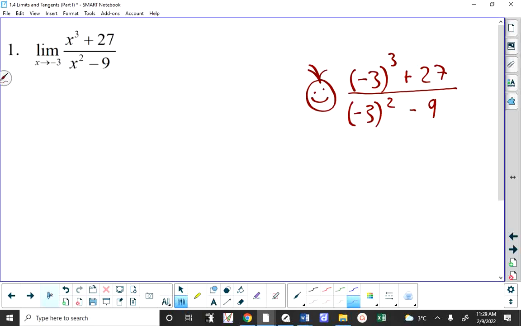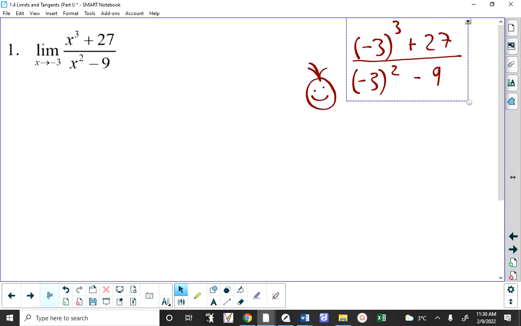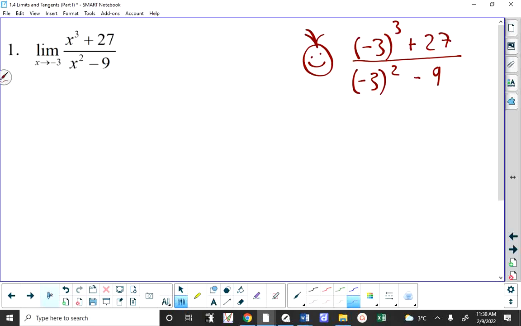Remember what you've been taught in the past, and I've mentioned a couple times already in this course: when you substitute a number in for a variable, always put that number in its own set of brackets. When you work out what this is, (-3) cubed is -27 plus 27 is 0, over (-3) squared is 9 minus 9 is 0. So you get that 0 over 0 form.